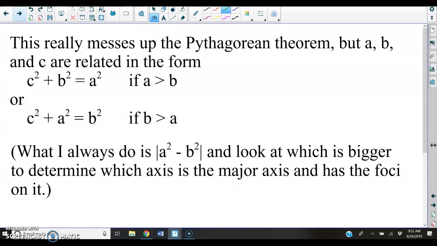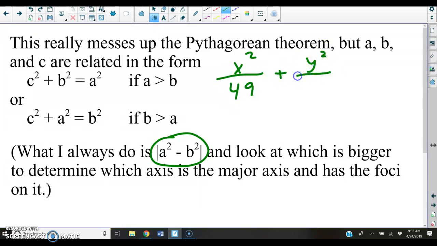So what I always do is I subtract a squared and b squared, make it positive, that tells me what c squared is. So if I have x squared over 49 plus y squared over 25 equals 1, well then I know immediately that c squared is 24, the difference between them.